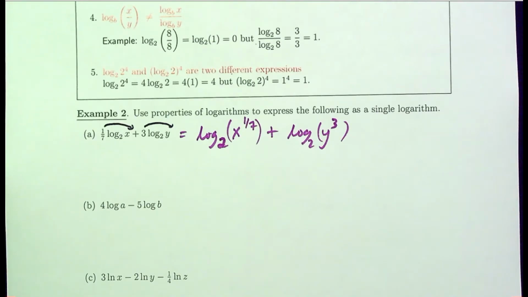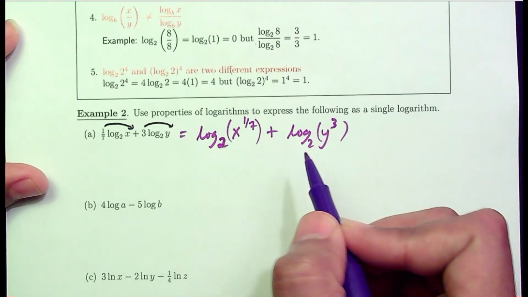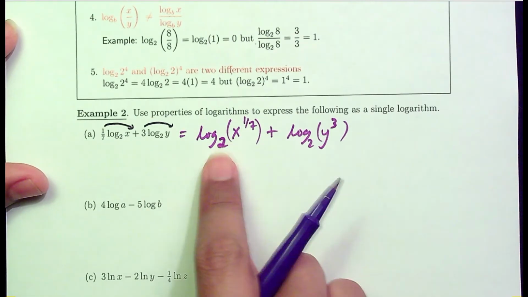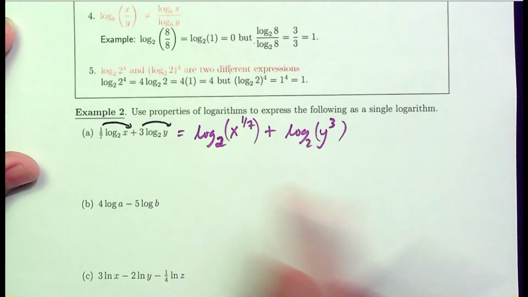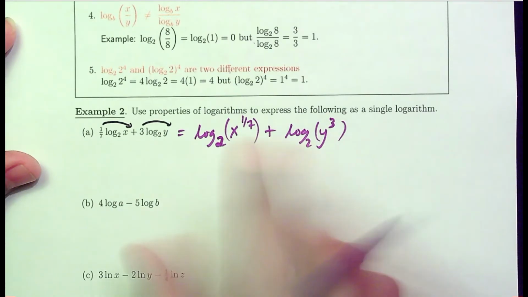So move the coefficients inside the logarithm, and they become exponents. Now you can combine these two logarithms because they have the same base. If they didn't have the same base, I couldn't combine them just like that.